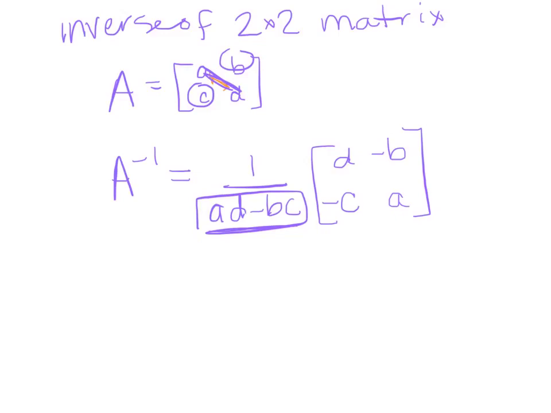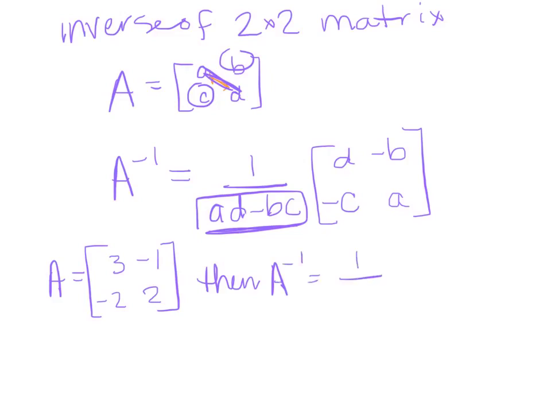So let's do an example. If A is [3, -1; -2, 2], let's find the inverse by the formula. 1 over a times d minus b times c, and everything's working on diagonals here. -1 times -2, so be careful of all your negative signs, times the matrix.